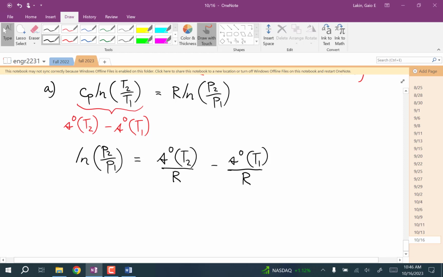Now we can, for both sides, raise both of these as powers of e.